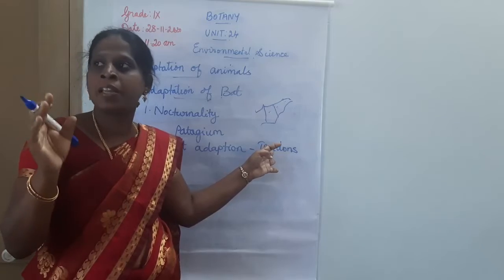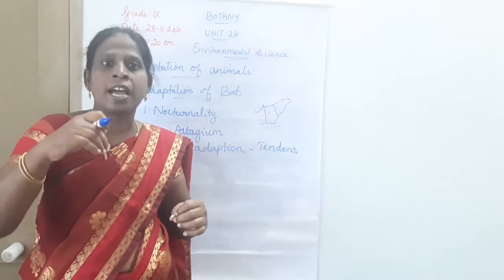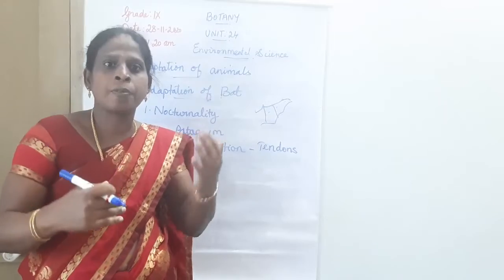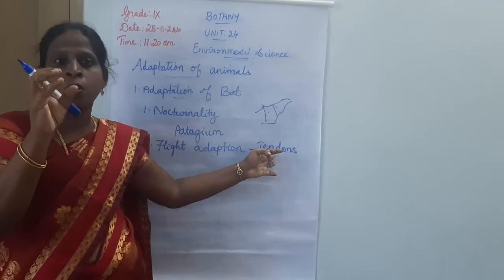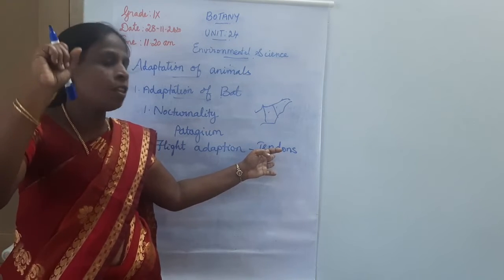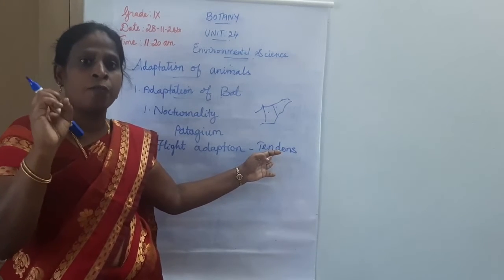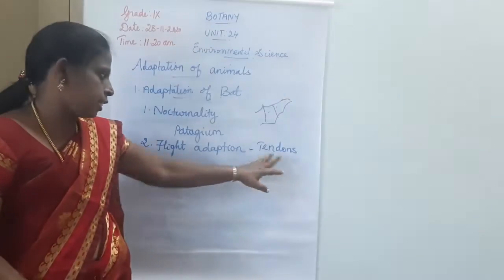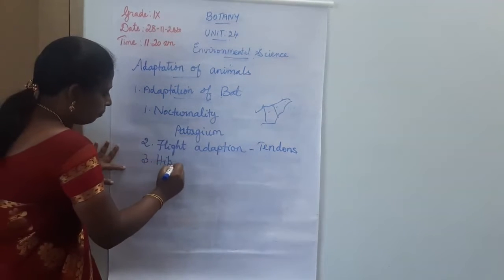We all know that when bats are taking rest, they hang upside down. The hind limbs hold the twigs of the plant, and it hangs upside down. These tendons help it hold the twigs very tightly. That is flight adaptation. The third one is hibernation.